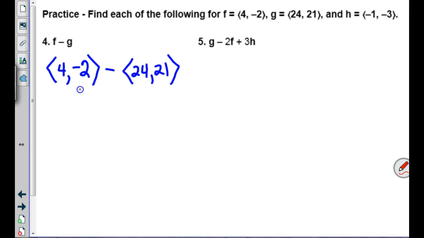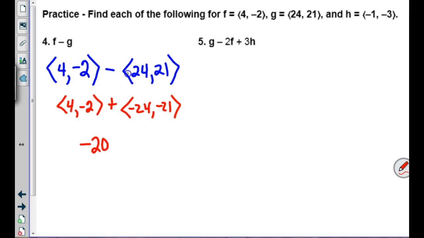If you're worried about forgetting to distribute the negative, you could make this -24, -21. You get 4 minus 24, which is -20, and -2 minus 21 would be -23. This is just equivalent to this.